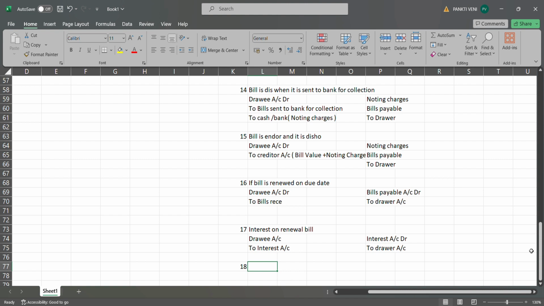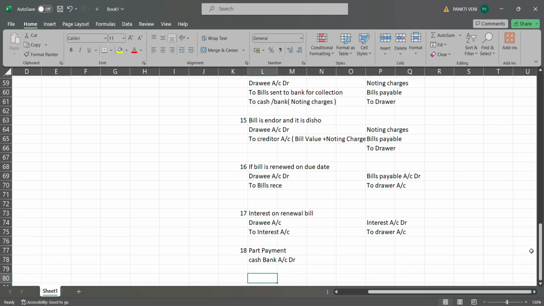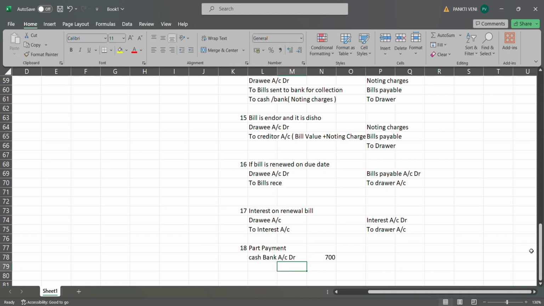So if bill is renewed on due date for part payment, you will do the normal entry, cash and bank account debit. Here you are going for part payment, so I'm paying only 700 to drawee. And for the balance 300, you will go for this entry.